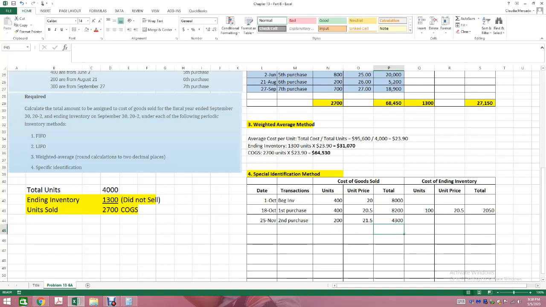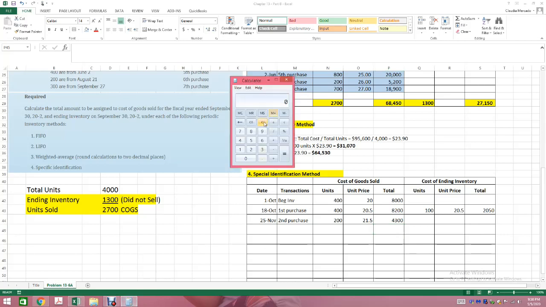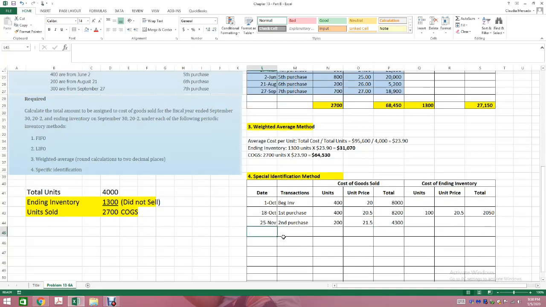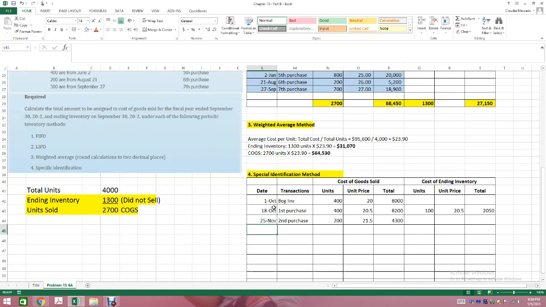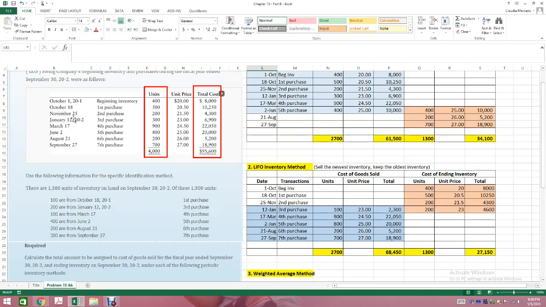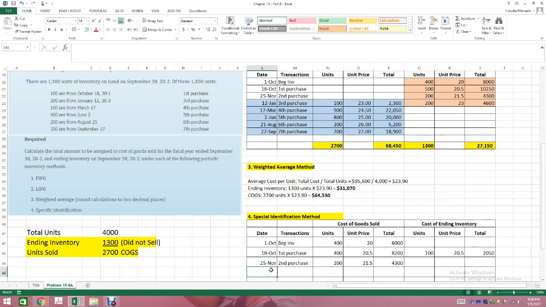Okay, and all you do is multiply, guys. All I'm doing is multiplying 200 times $21.50. That's $4,300. Okay. Now let's look at the third purchase. Third purchase, you did not sell 200. The third purchase happened January the 12th.